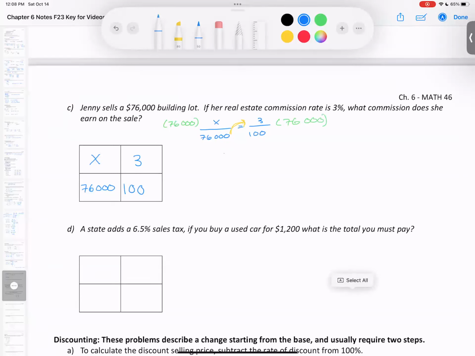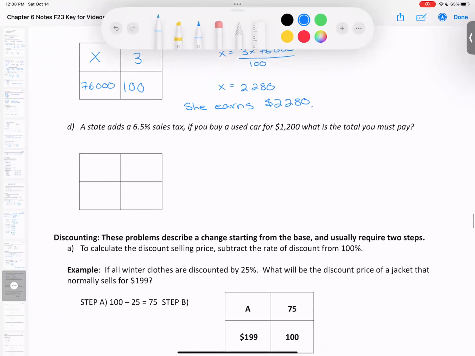And so I get X equals 3 times 76,000 over 100. And when we calculate that out, what do we get? And so I get 2,280. So she earns $2,280 on that sale.